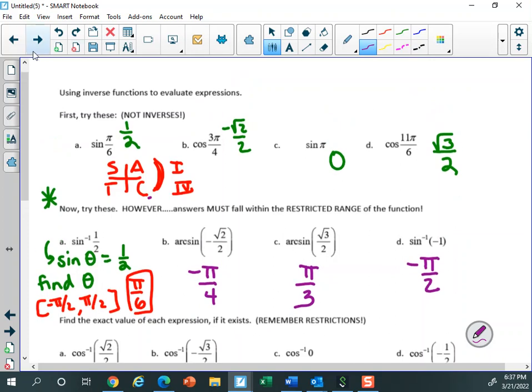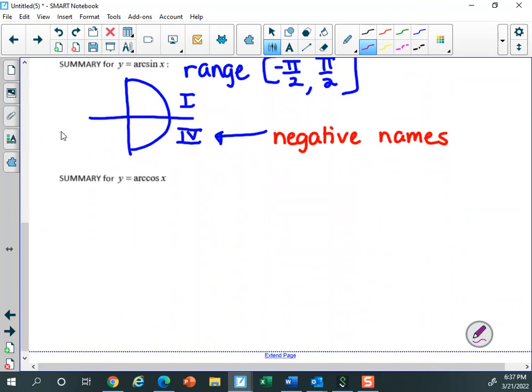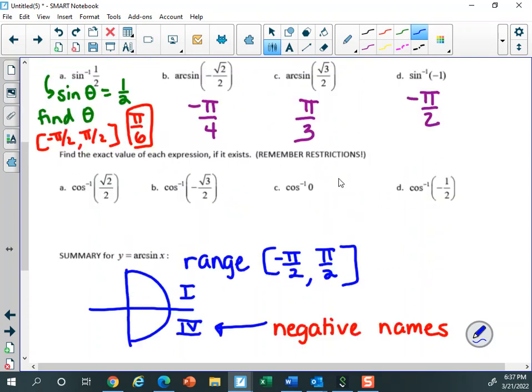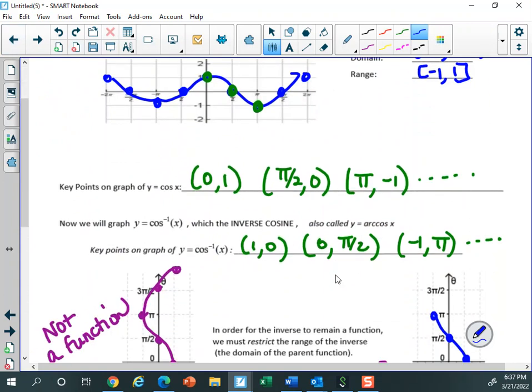Now, what we finished in class on Thursday but didn't go any further with was that we had talked about the arc cosine, after we created the graph, and the graph is in these notes. We created the graph, back up for a second, there we go, and did the same process as we did with the inverse sine.